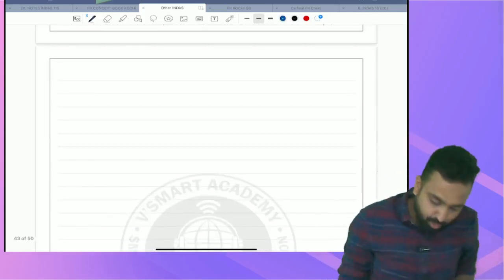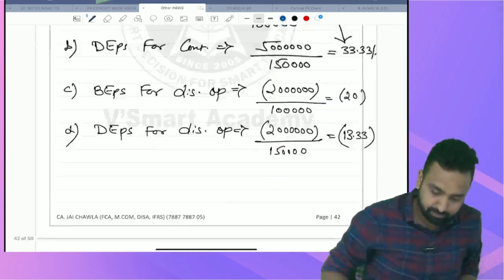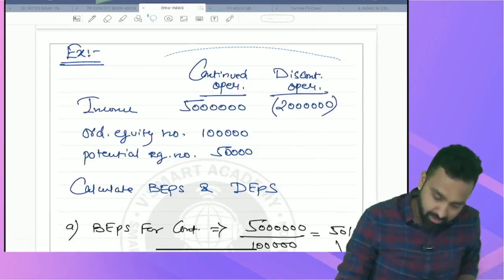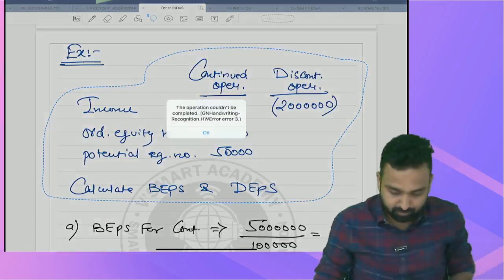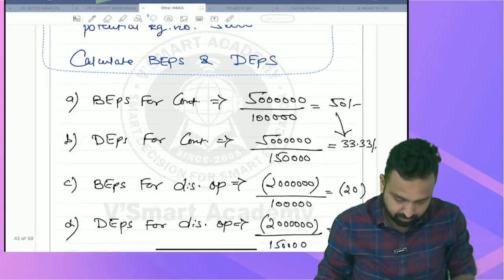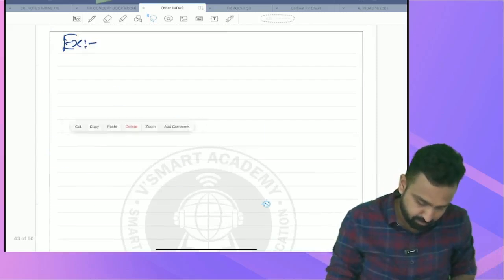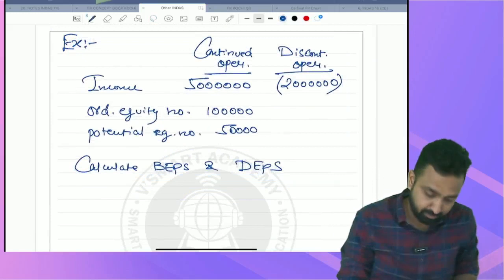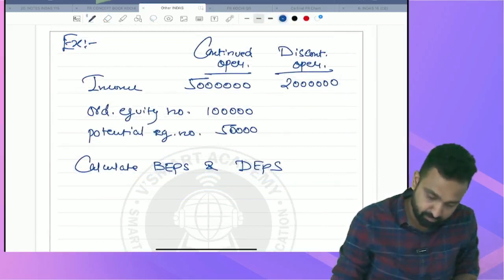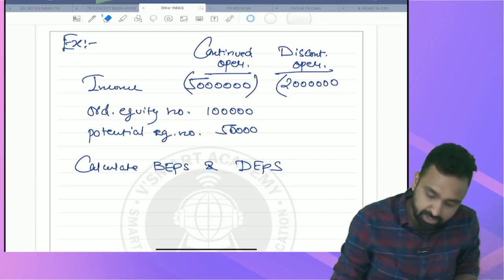But the situation will be different when the continuing operation is in loss.